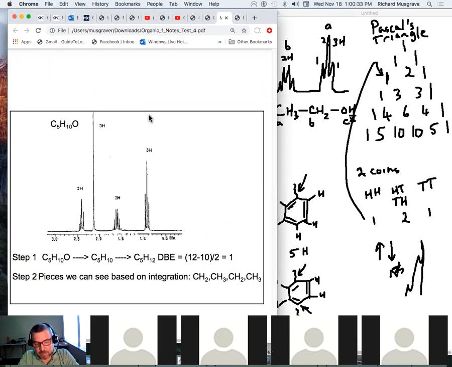Say it again, please. The 3H would be the HO because of the single peak. No, that doesn't follow. All I'm talking about here is the integration, Philip. What I had said earlier is that if it's 1H and a single peak, it's probably an OH. Okay.